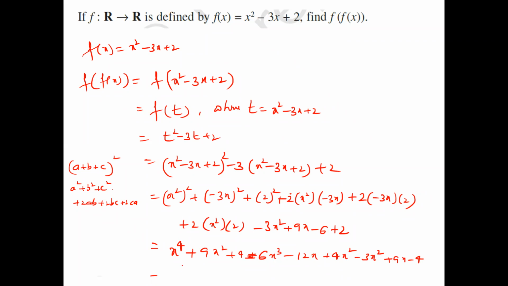Now to simplify, what is the highest power here? x to the power 4. Next, we have to consider the cube: minus 6x cube. Next we come to x square: 9x square, 9 plus 4 is 13, x square minus 3x square, that is plus 10x square.